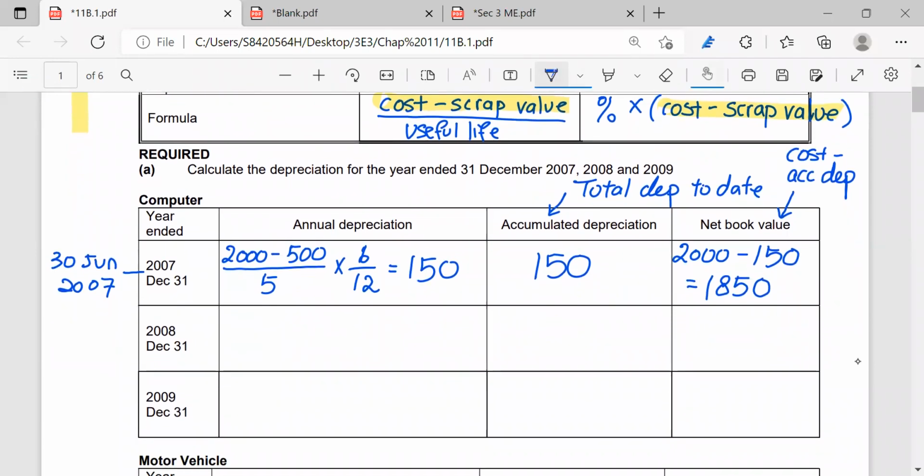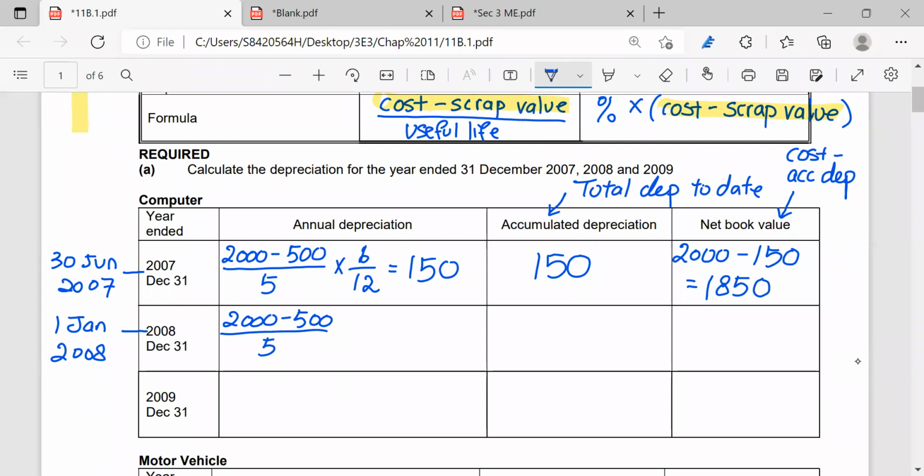All right, for the second year and third year, it's basically the same. For the second year, you can tell yourself that we will be using the computer for the entire year. So instead of multiplying by 6/12, you can either just do the entire year's depreciation, or multiply it by 12/12, which is just 1 year.